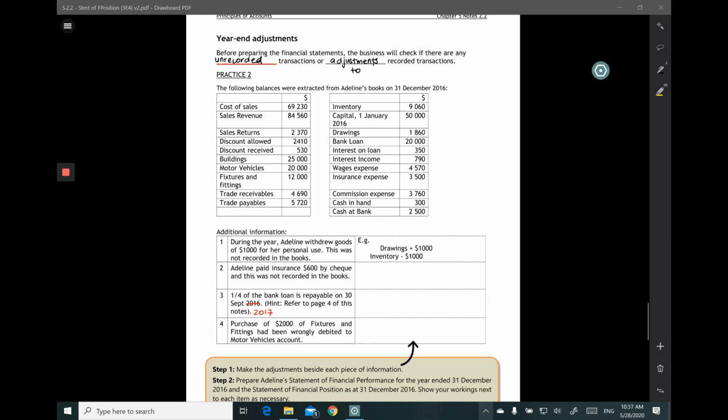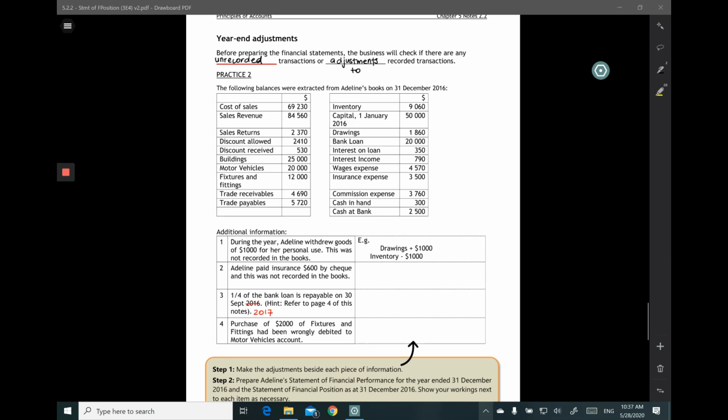What this question is about is asking you to prepare a statement of financial position again, but you need to do some adjustments first, like how we have done before when we did trial balance. Another different thing about this question is that you weren't given the profit for the year like the previous question.